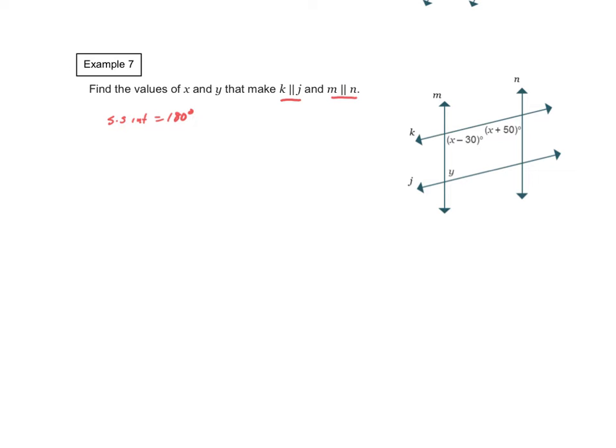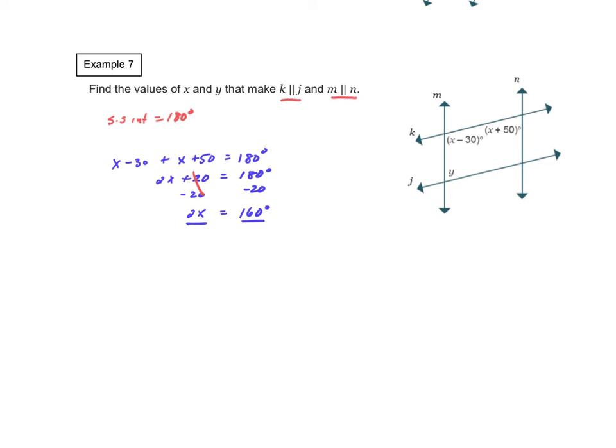So let's see here. I have x minus 30 plus x plus 50 equals 180 degrees, right? This angle plus this angle should equal 180 degrees. Combining like terms, I get 2x plus 20 equals 180. Subtract 20, and 2x is equal to 160.